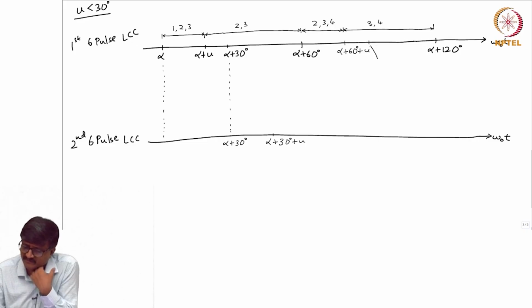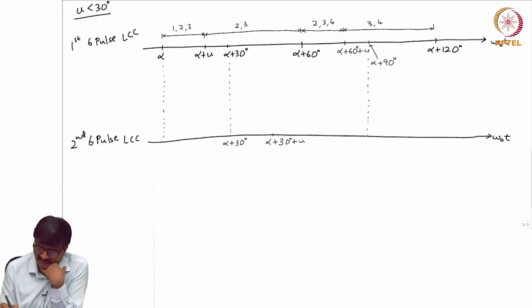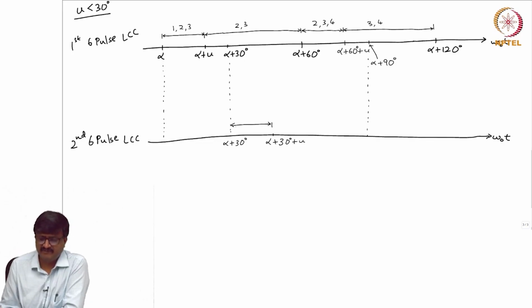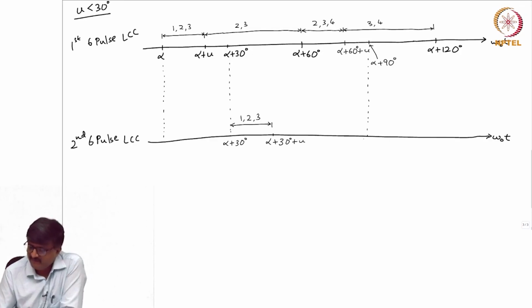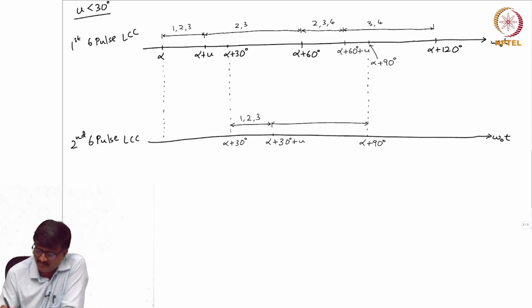So, this instant which I had not shown earlier is alpha plus 90 degrees. So, if I take the duration from alpha plus 30 degrees to alpha plus 30 degrees plus u, what are the valves that conduct in the second 6 pulse LCC? 1, 2, 3. Then from alpha plus 30 plus u to alpha plus 90 degrees, it is 2, 3.